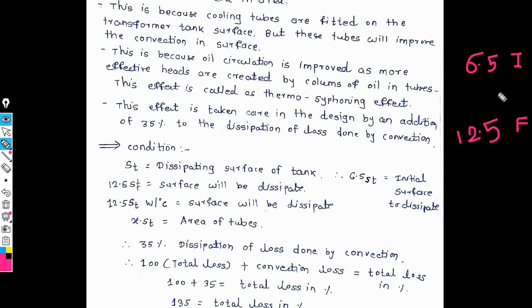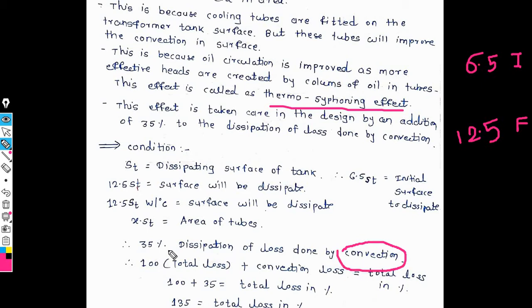Some effects occur, that is, the thermosampling effect occurs in the initial surface of the tank to dissipate. At that instant, in this effect, the mode of heat dissipation, convection, occurs.